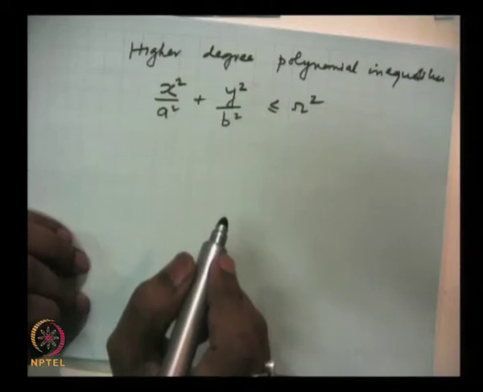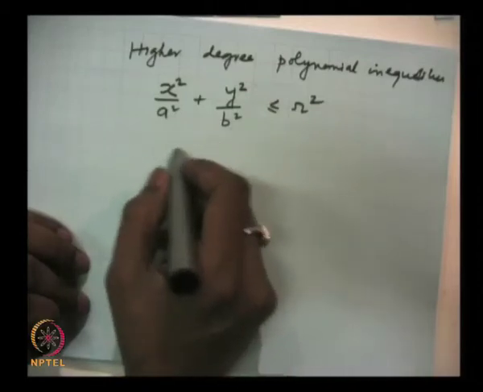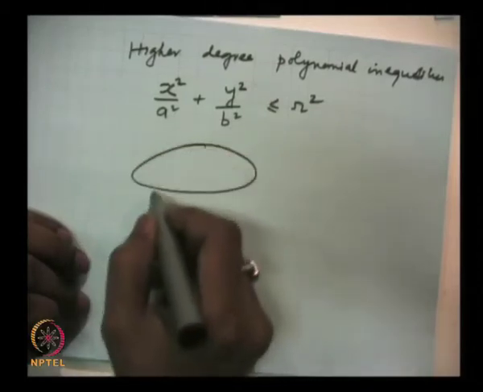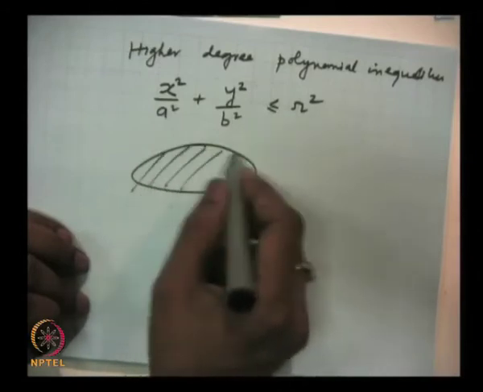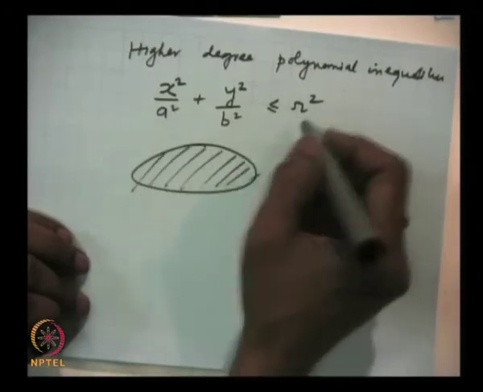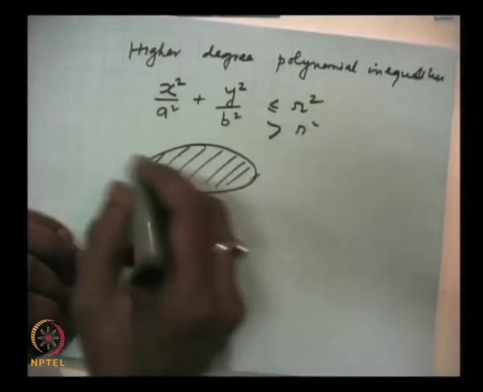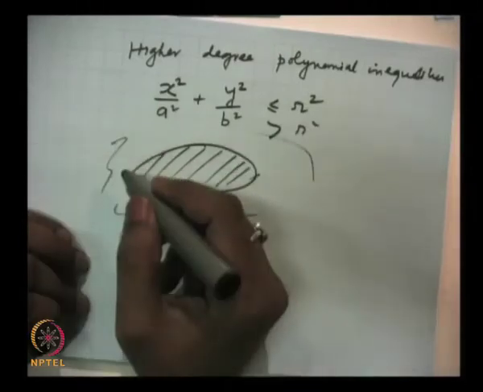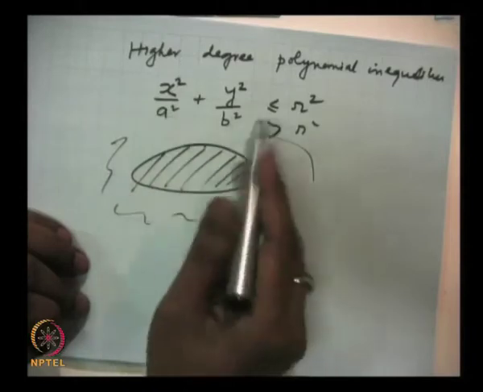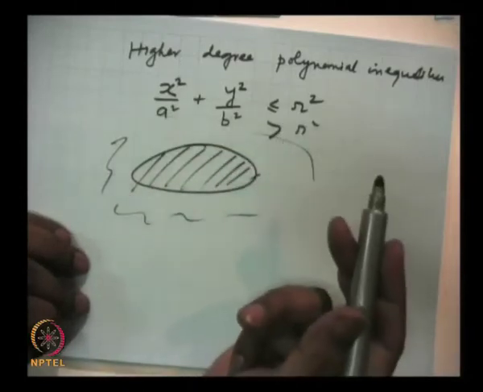What is it? Ellipse, right? So, you have some kind of an ellipse, and this says that this is the region we are talking about, and if you say greater than something, then it will be talking about these regions. And this is just a degree 2 equation.